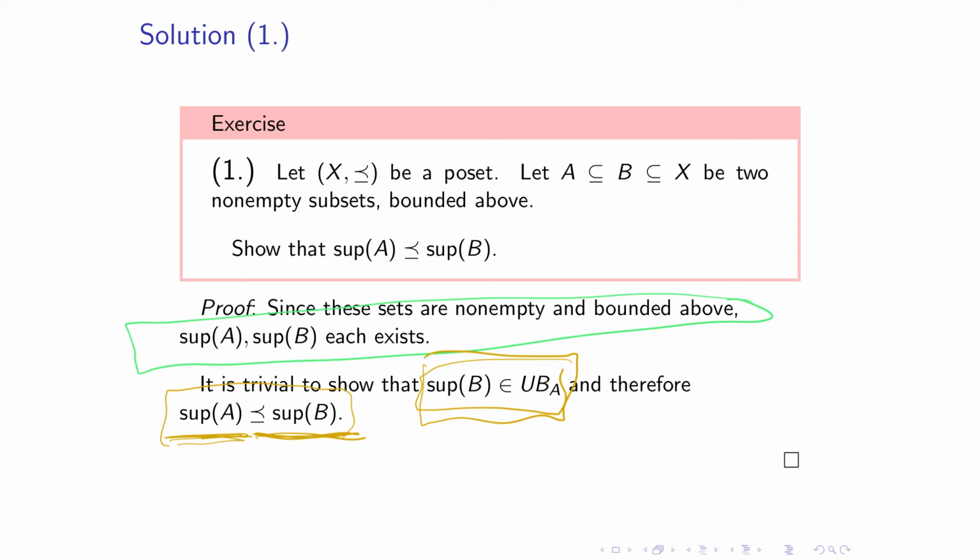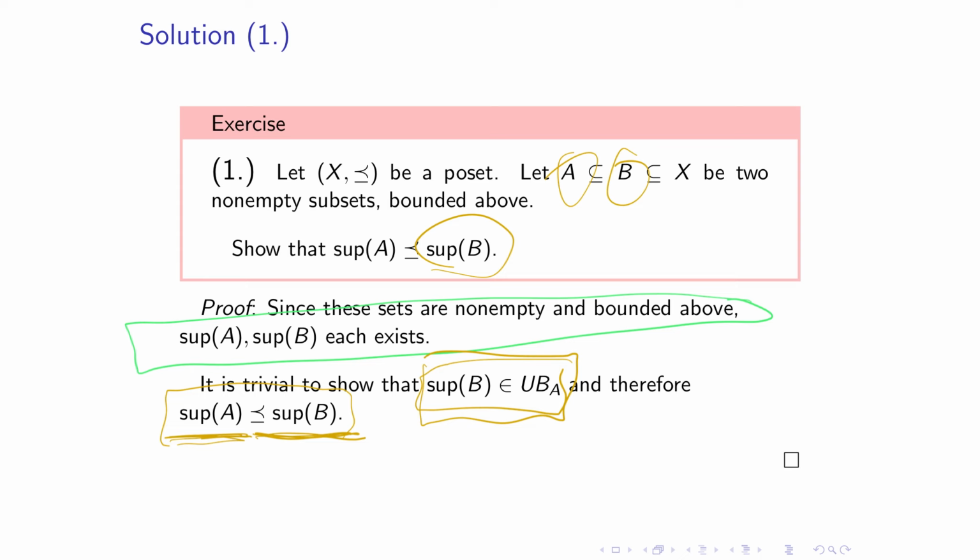Because if you take sup B, which is an upper bound on the set B, and you pick any element out of the set A, it's very, very quick.